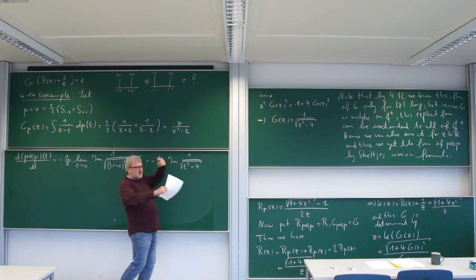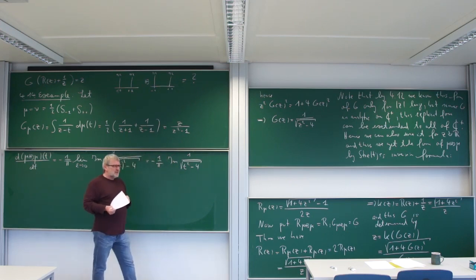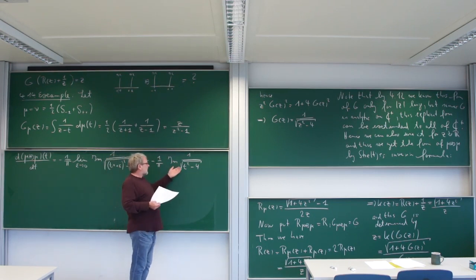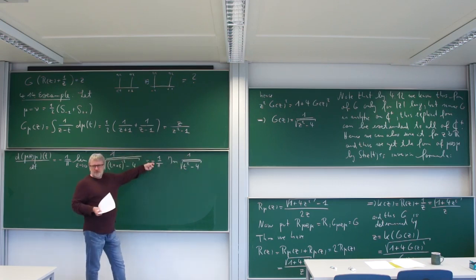But if I'm inside this interval, I have t² minus 4, which is negative, and then of course the square root has an imaginary part, and the imaginary part is i times the square root of 4 minus t squared. And because I'm dividing, the i gives a minus i, which goes away with this minus, which is good. I mean, the density should be positive.